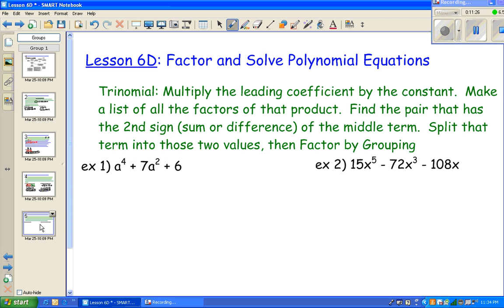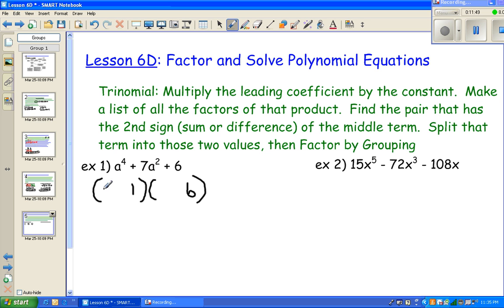Okay, building off of that, I'm going to go back and look at a trinomial, except this time our trinomial isn't a quadratic. So, same kind of thing. We're looking for two numbers that multiply to give me 6, that add together to give me 7. So that's going to be 1 and 6.